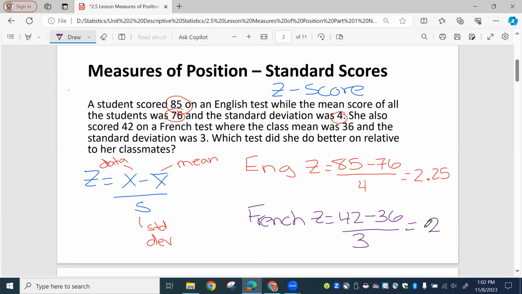So they are still two standard deviations above the mean, but they're still just slightly closer to the mean in the French class than they are in the English class. So of course 85 is better than 42, but when we want to compare two different subjects directly, if we calculate these z-scores, we can in fact say that they did better in English compared to the English class than they did in French, even though in both classes they scored above the mean.